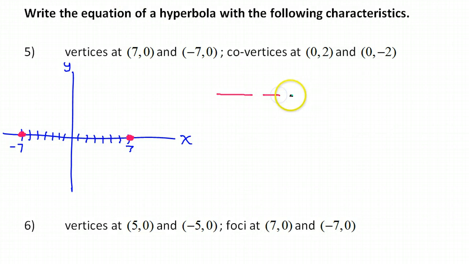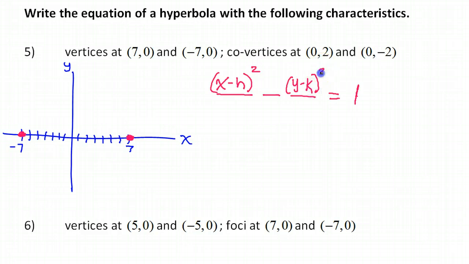Okay, so the x term is going to be in the front. Okay, so we always have a fraction minus a fraction, and it's equal to 1, right? But my x term is going to be right here. So I'm going to have my (x - h)² here, and my (y - k)² here. Now, it also gives us the a value.